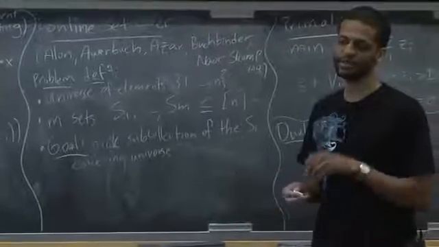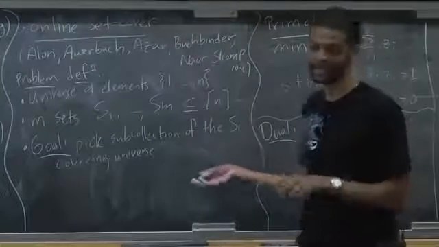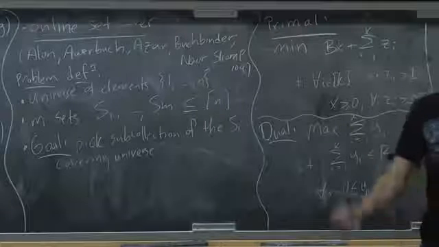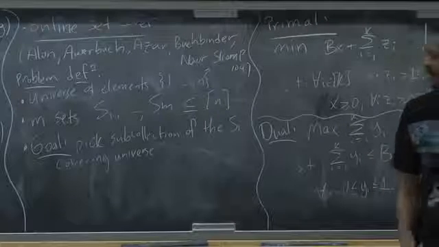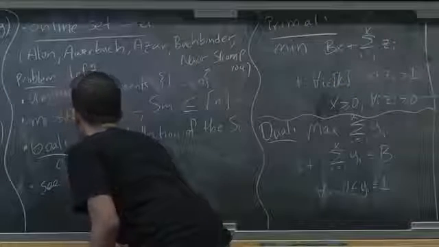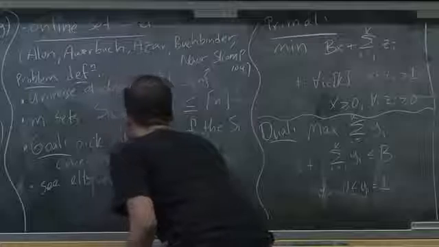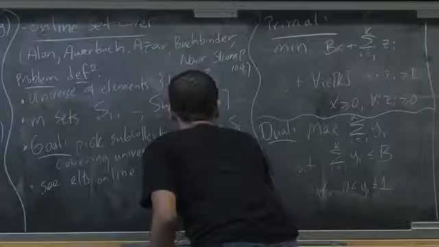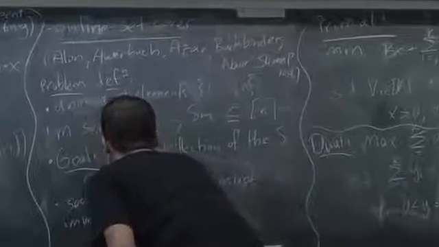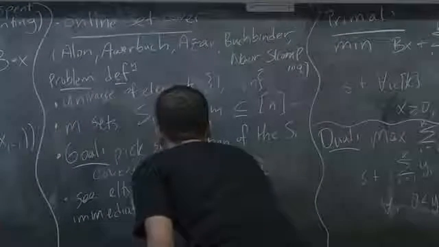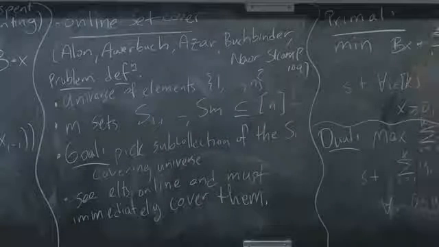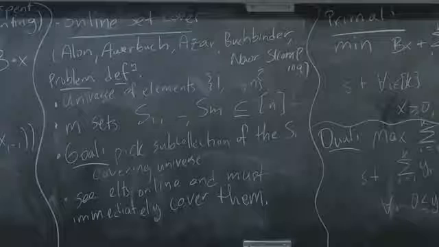And now, if we haven't already picked one of those sets into our set cover, then we need to choose a set right there and then to cover it. Okay, so we see elements online and must immediately cover them. Okay, so that's online set cover.